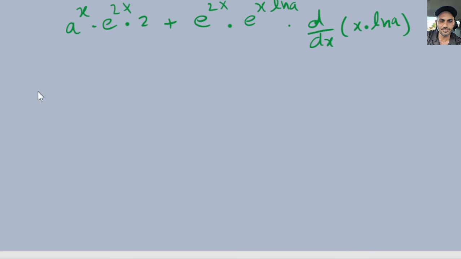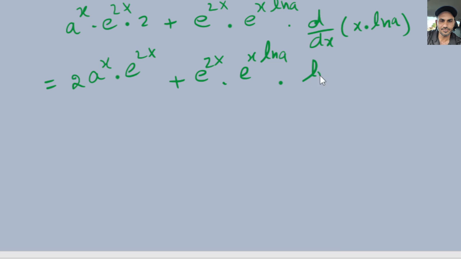Okay, so in the next step I'm going to just bring this 2 to the front: a to the x times e to the 2x plus e to the 2x times e to the x ln of a, and the derivative of x times ln of a is just going to be ln of a. We can pull ln of a out of the derivative because it's a constant and it's multiplying.